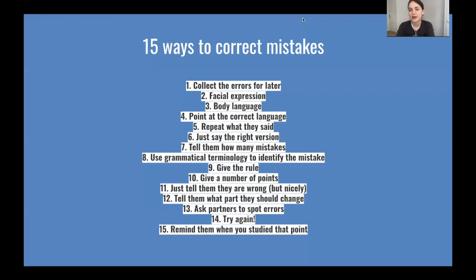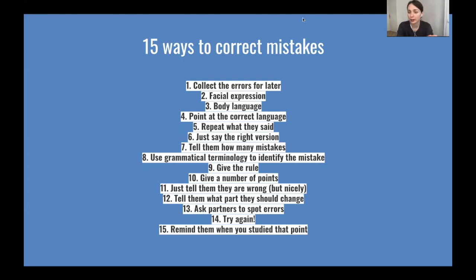Okay, so these are the types of mistake correction, and we can use all of them. But remember what you're working on. If you're working on accuracy, you're using immediate corrections like facial expression, body language, or repeating what your student said. But if we're focusing on fluency, we need to use delayed correction.